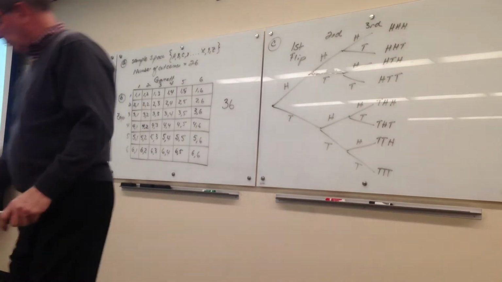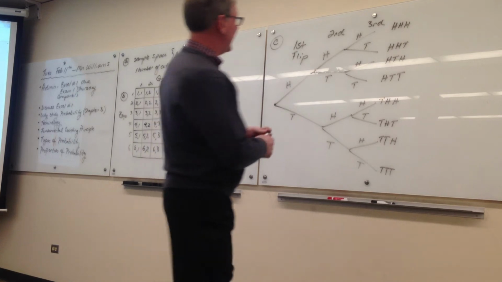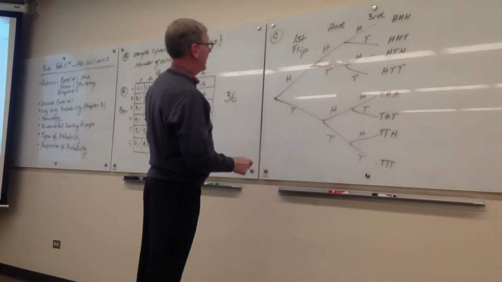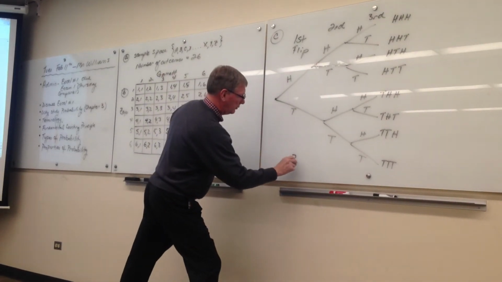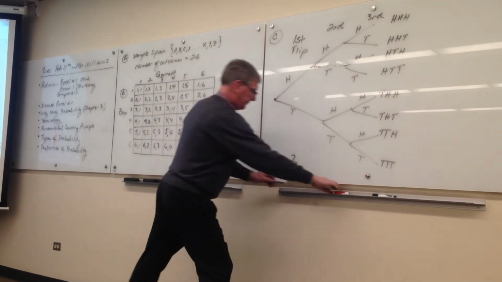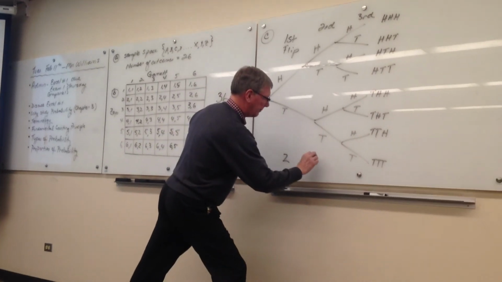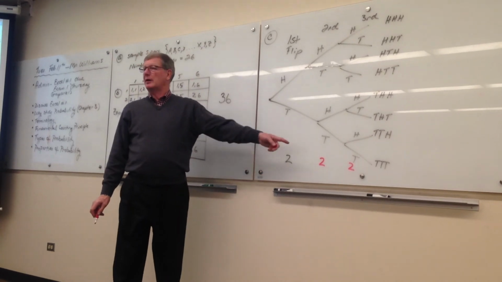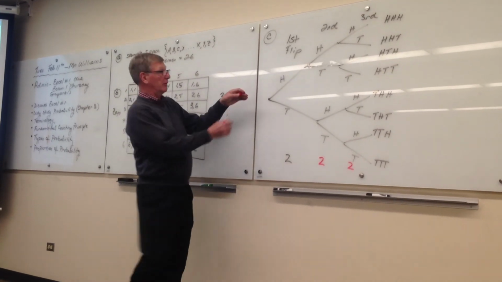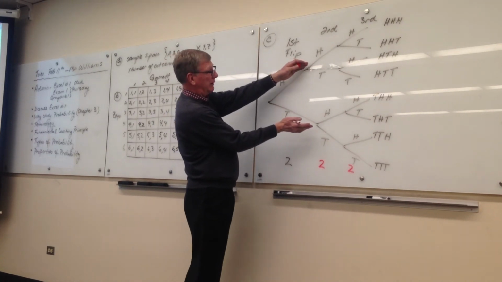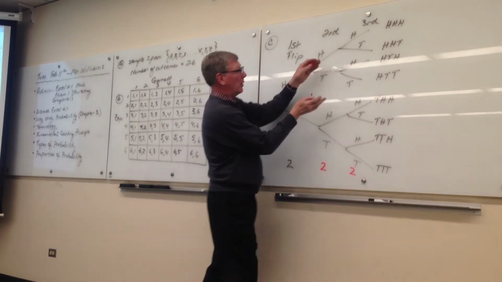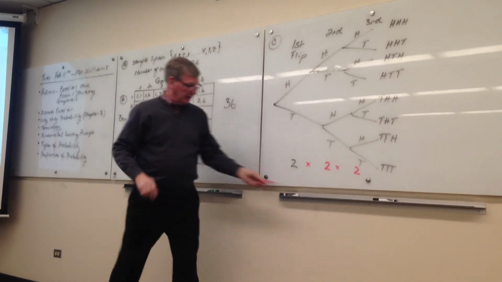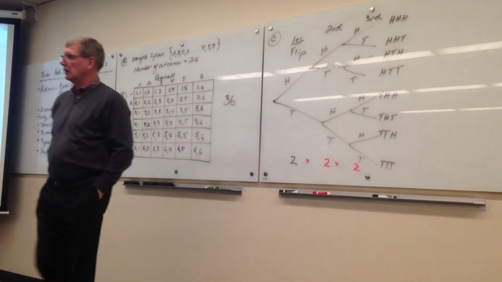If I look at those 8 outcomes, 1, 2, 3, 4, 5, 6, 7, 8, they are represented by what? 2 things could happen on the first, 2 things can happen on the second, and 2 on the third. Now, how did I get 8 out of 2 times 2 times 2? Well, I went 2 here, and that spawned 2 more each, and that spawned 2 more each. So that times that is telling me how many outcomes can occur.